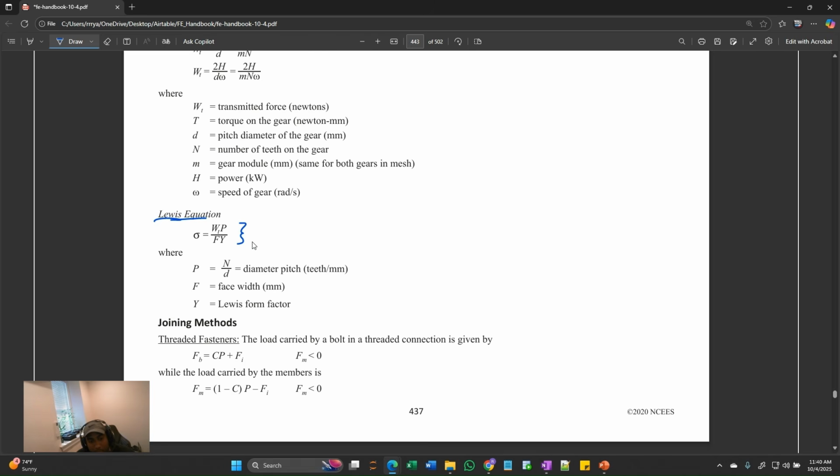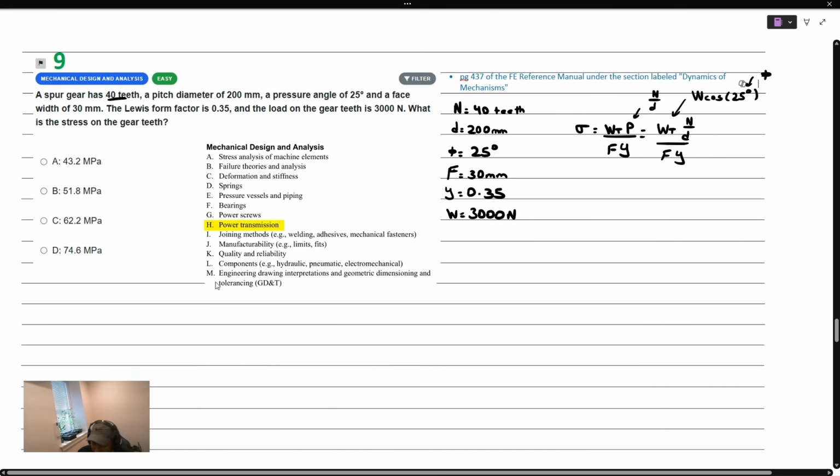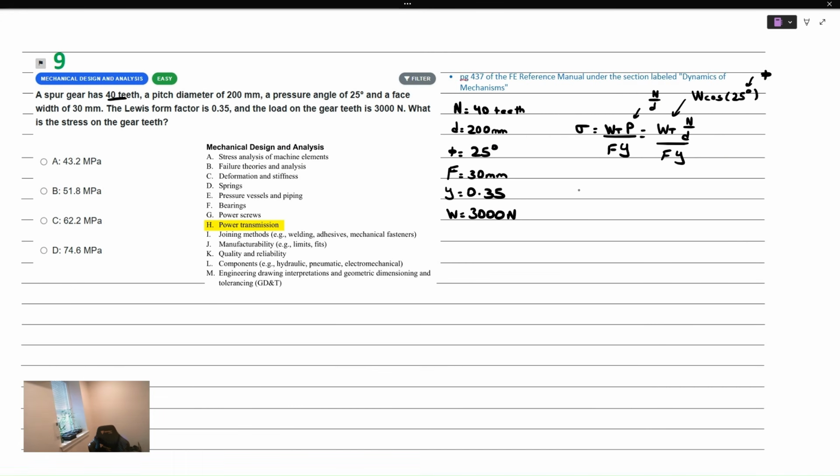Okay, so let's go ahead and plug into this equation. Sigma is equal to W sub T. That's 3,000. That's going to be W multiplied by the cosine of 25 degrees. So this is W cosine of phi here.